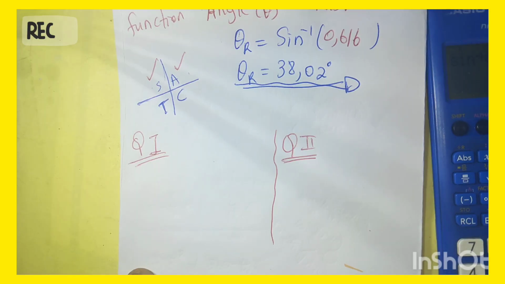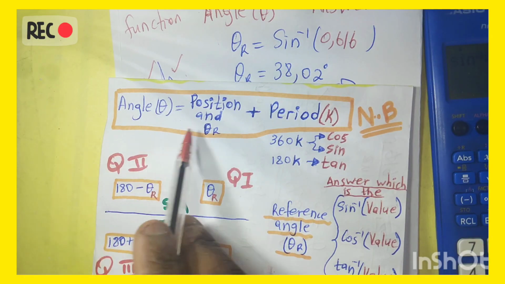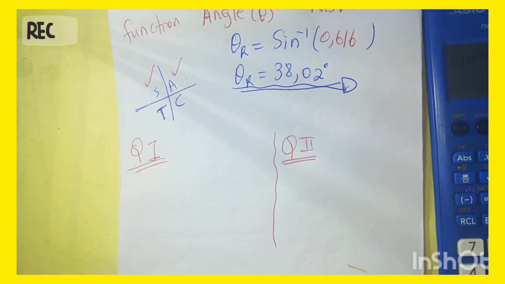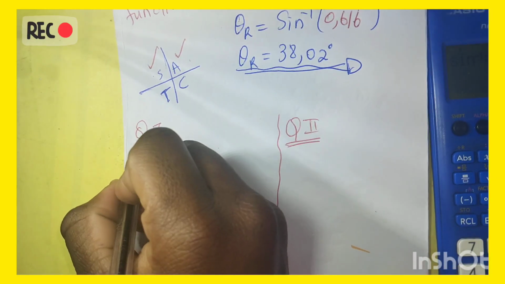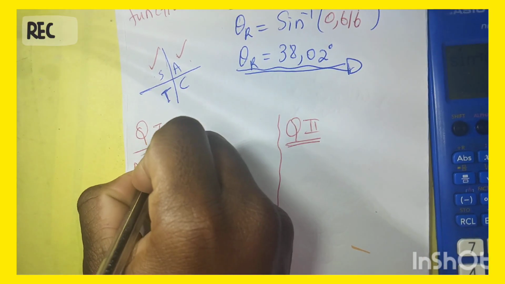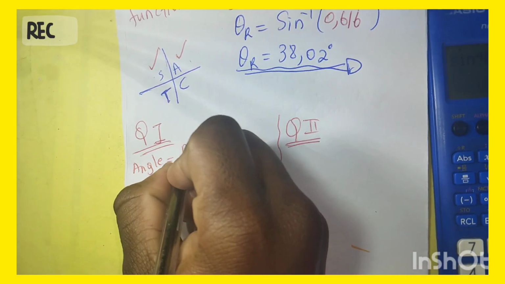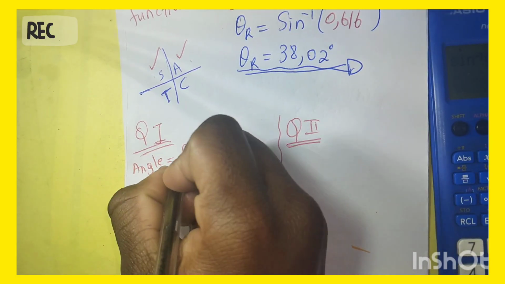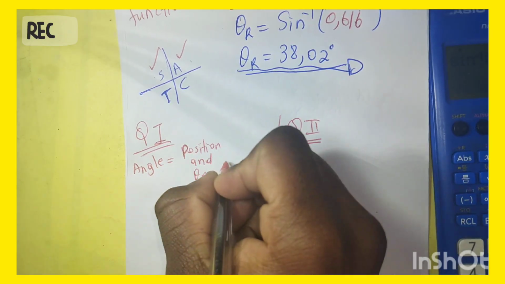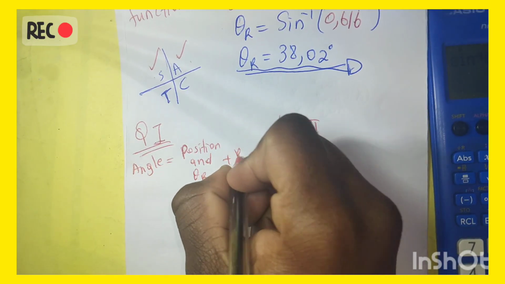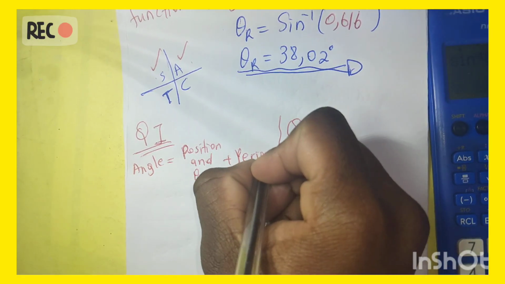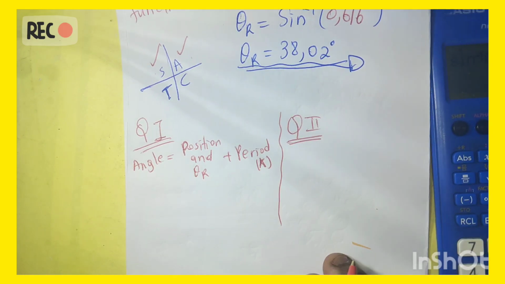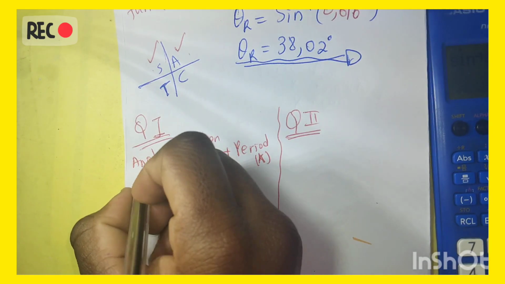And that's why, again, I will use this format now. Let me show you how to use this format. In this format you just say the angle is equal to the position and reference angle, plus the period, period K. Do you see this? Period K, which is again our angle.